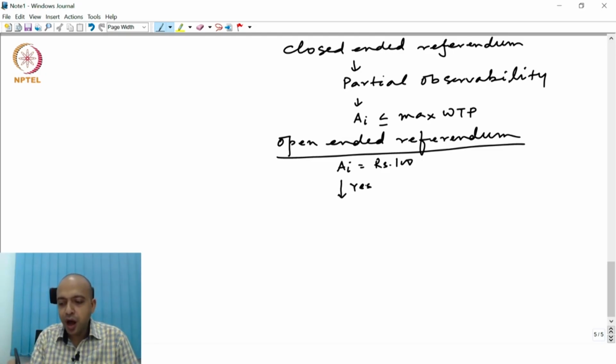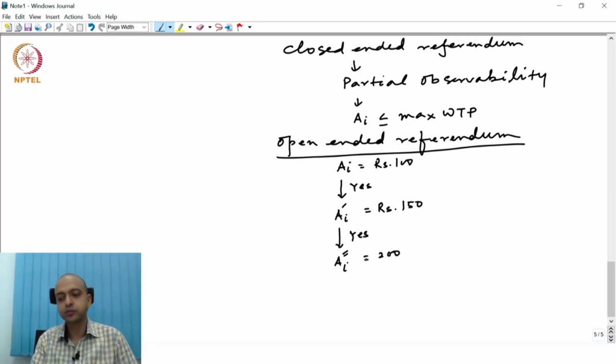Next step, I will ask, are you ready to pay some A_i prime amount, let's say 150 rupees? The individual again says yes. So if the individual says yes for A_i prime equal to 150 rupees, I will ask, are you ready to pay A_i double prime, which is, let's say, 200?